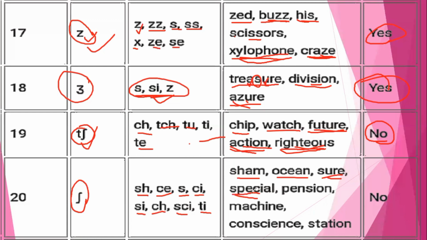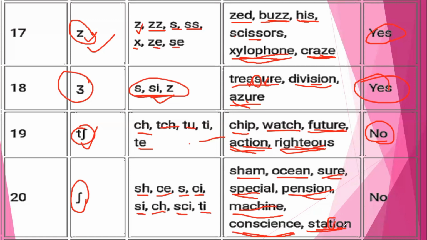Pension, machine, conscience, station. Here TI is pronounced sh because TI is surrounded, or lies, in between two vowel sounds.